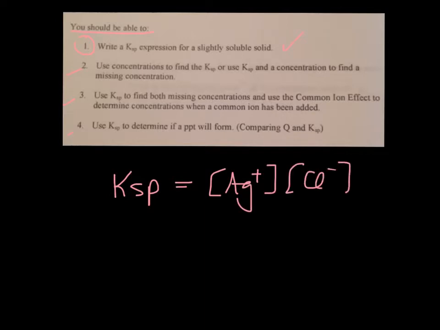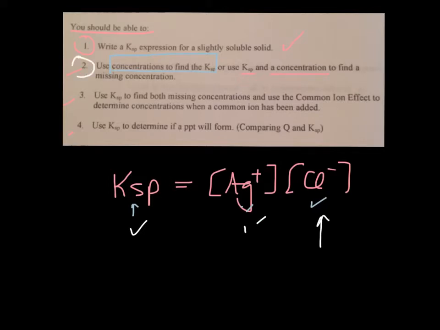I bet, so I'm saying if I give you the 2 concentrations, you could find KSP, right? So if I give you this and this, then you can find that. Or if I give you KSP in one of the concentrations, you could find that. So that's all number 2 is saying.